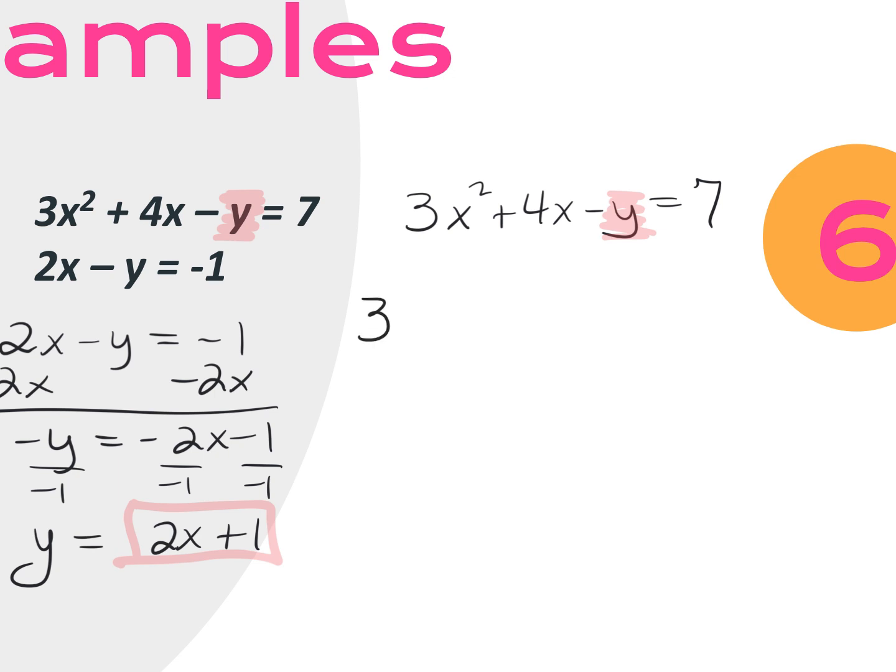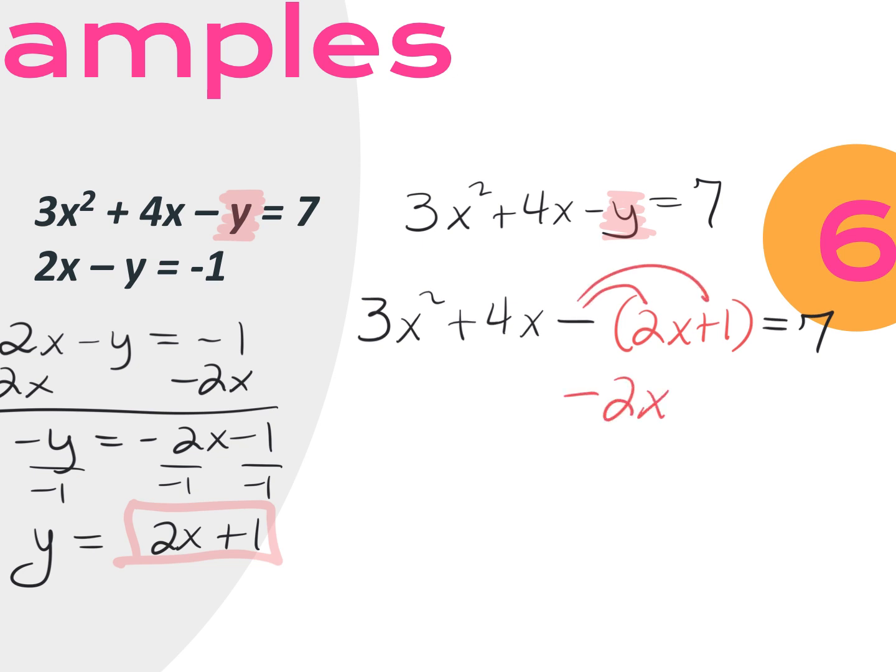So I'm going to rewrite the 3x squared, the 4x, the subtraction sign, and now the expression that I'm replacing for y. Before I begin to combine like terms, I need to distribute the subtraction sign. So this becomes -2x minus 1, and then rewrite everything else.